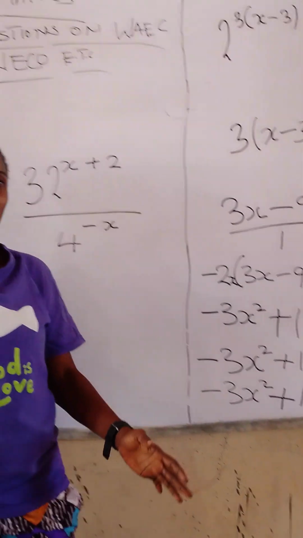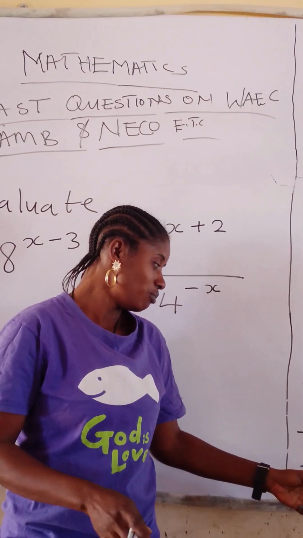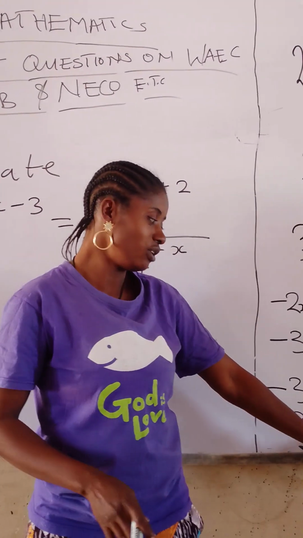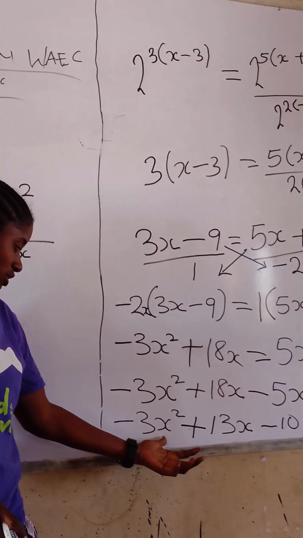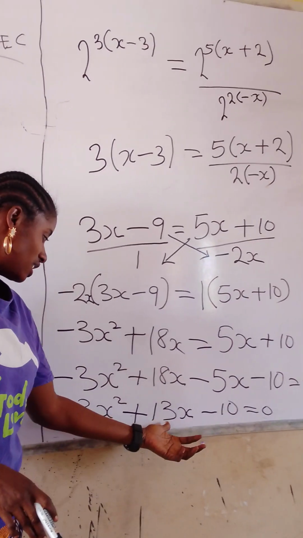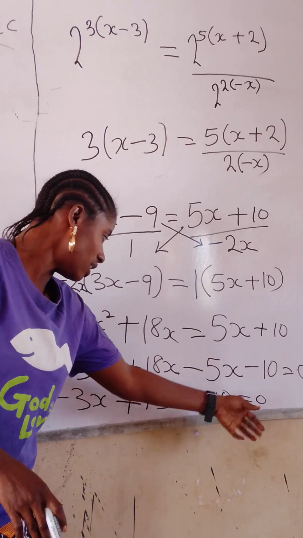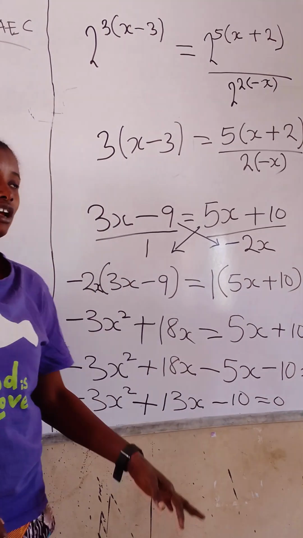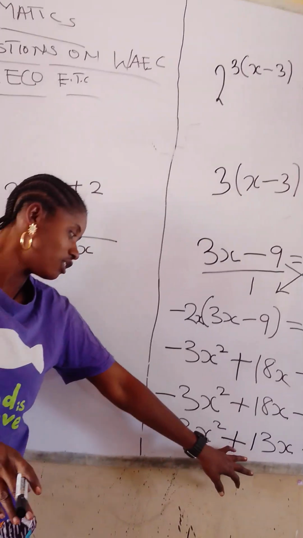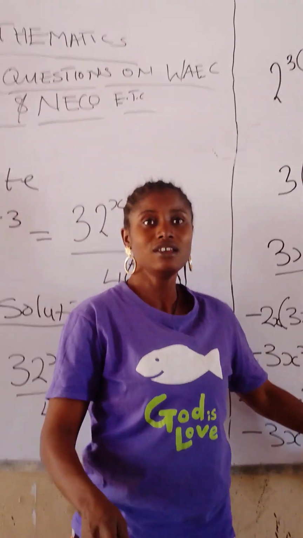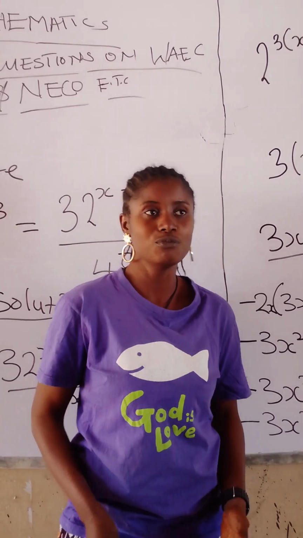This is what we mean by factorization. But for the purpose of this, you end here. Your final answer is minus 3x squared plus 13x minus 10 is equal to 0. If you end there, they'll give you your full marks, but if you go further to factorize this, they'll also give you your full marks.